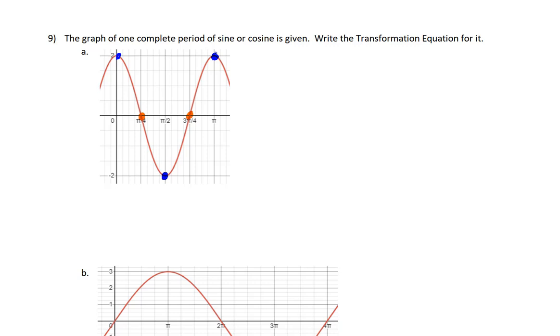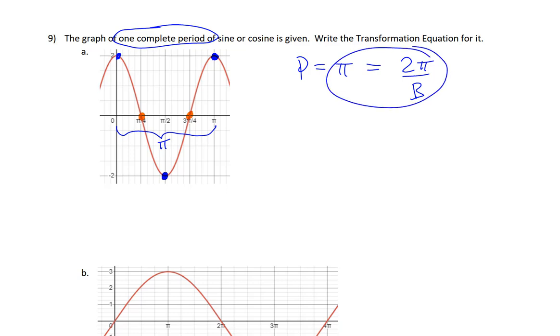And they're telling us it's one complete period given in the picture. That should help us narrow this down and find out what we need. Because in fact, you can tell from this picture that the one period is pi. So the period here is pi, which we know should equal 2 pi over b. But we're trying to find b, so we could just solve for it here.